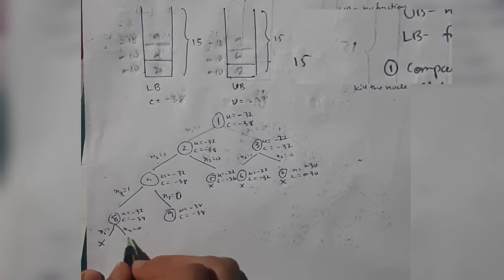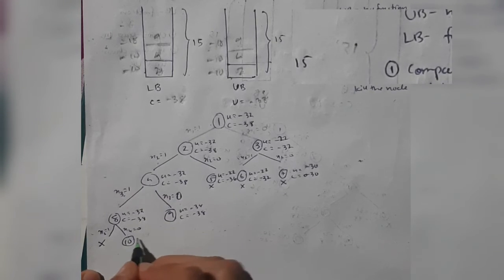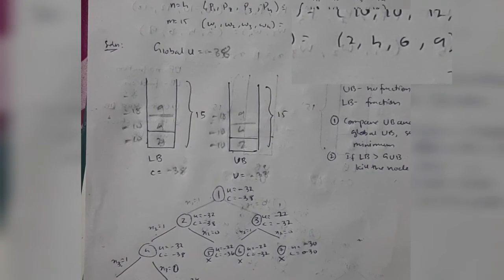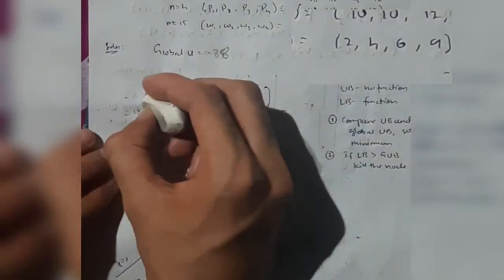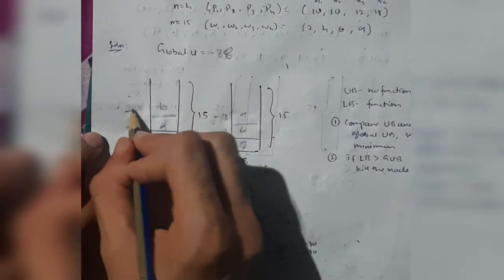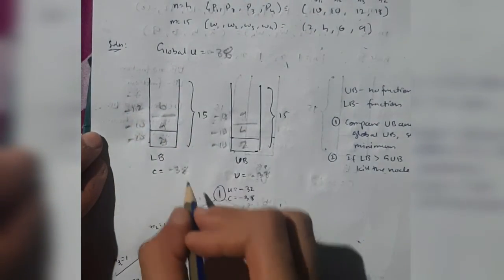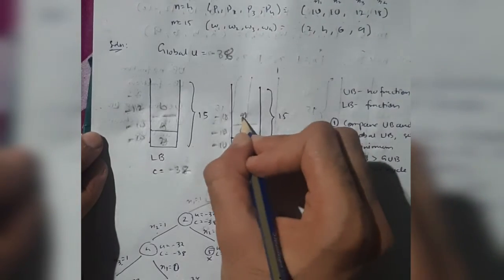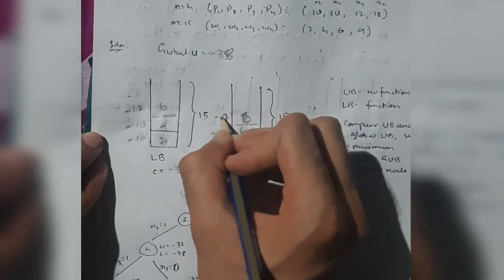What about this one? In this one, the node with U and C, excluding the last object. Even if I have space, I have to not include the last object. Only 1, 2 and 3. The total profit is minus 32, and here also the total profit will be minus 32. This one is 6 and here it is minus 12.